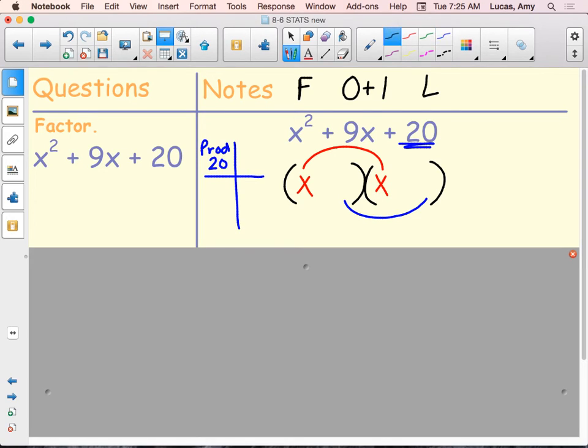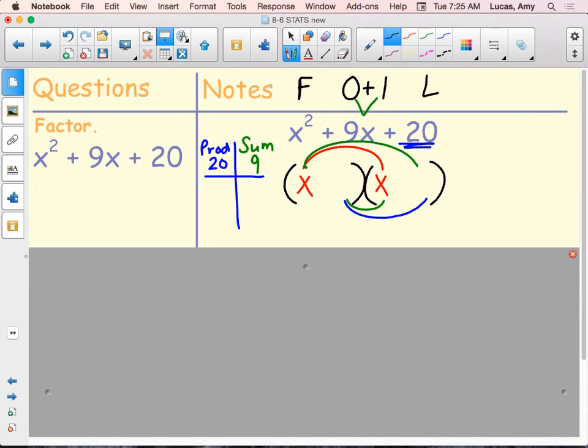but I also need these other two, when we add them together, this one and this one, I have to have a sum of 9. So product of 20 to get that last term, sum of 9 to get the two that add together to give me the 9.